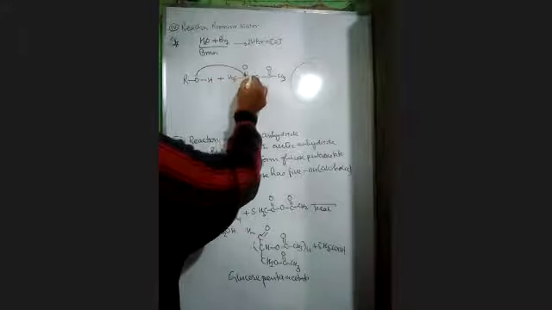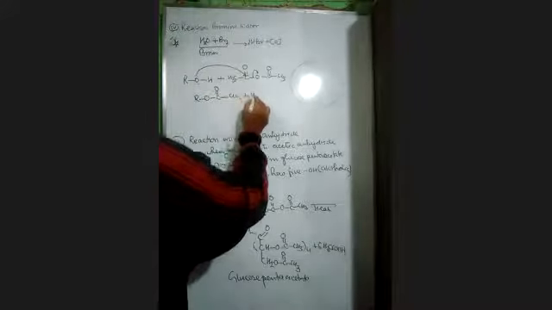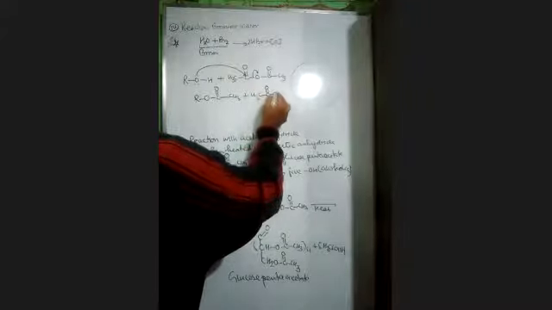If you did not understand, you will never ask me. So see here, what happened? It goes out. This H goes here. Then what do you get here? RO COCH3 plus CH3COOH.